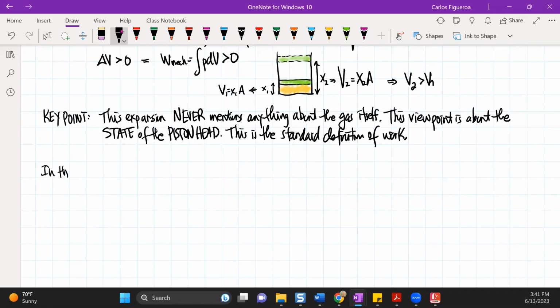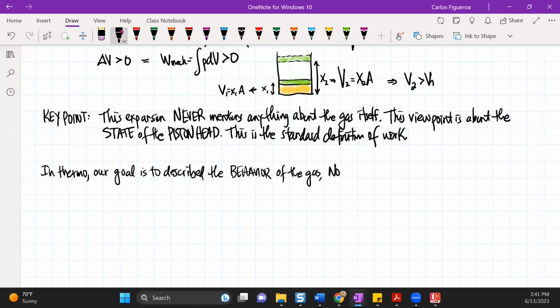In thermo, our goal is to describe the behavior of the gas, not the piston head.